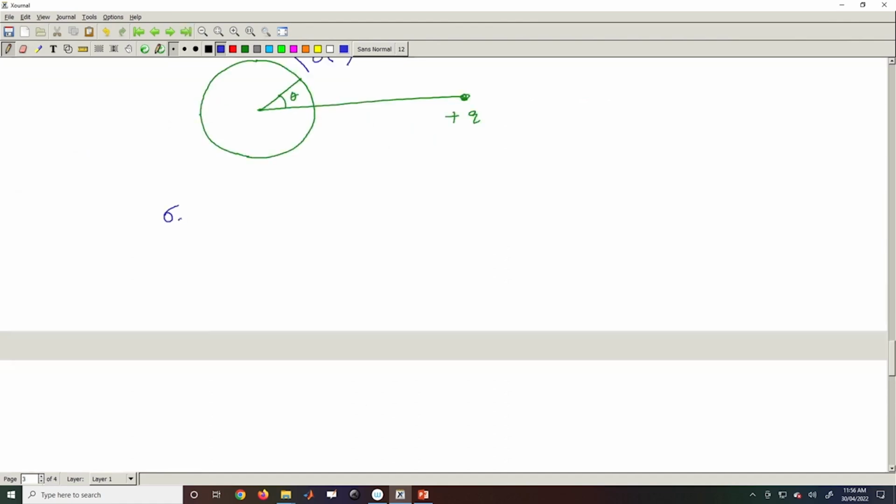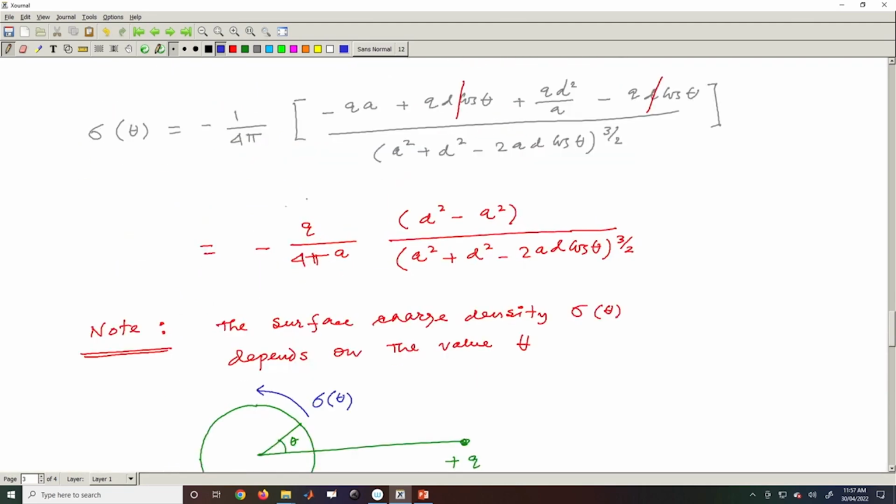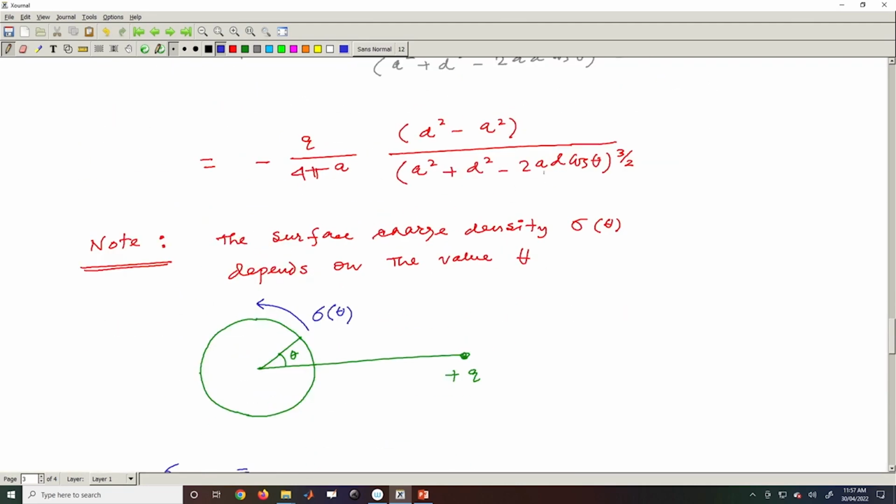So sigma max, that if I calculate, then it has to be the value when the denominator is minimum, and denominator is going to be minimum when we have, this is like a minus d whole square.